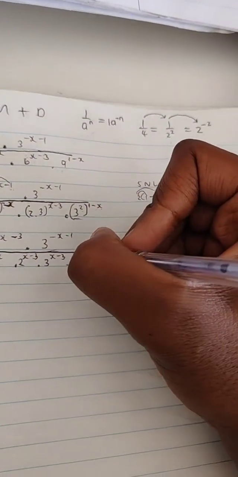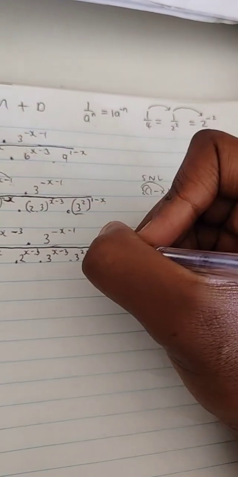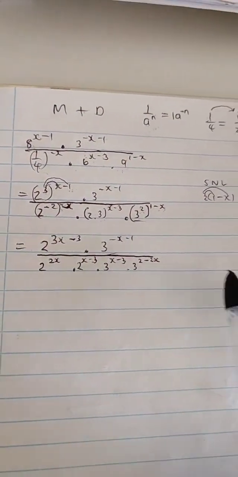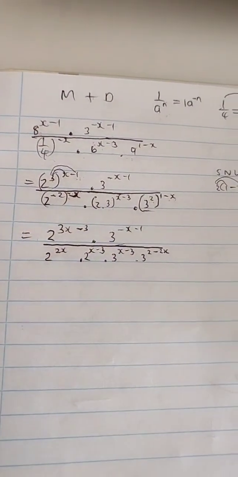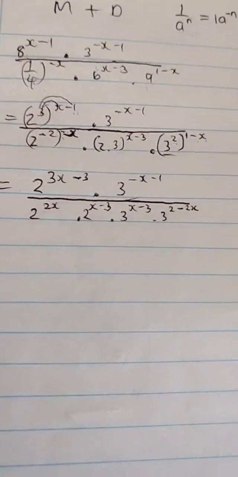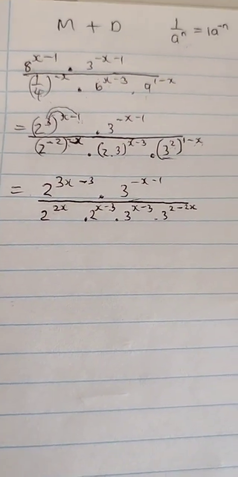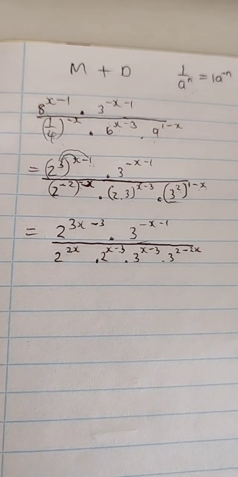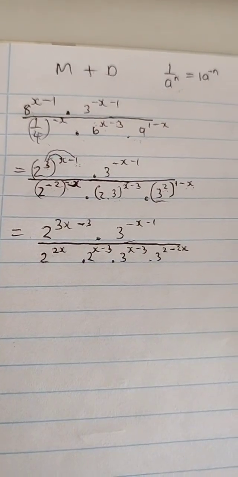Positive times negative is negative. 2 times 1 is 2, and then the x combined. This here, 100% step. Do you see this, guys? Any questions at all? We need to be masters, guys, with this. Masters of multiplication and division of exponential expressions.